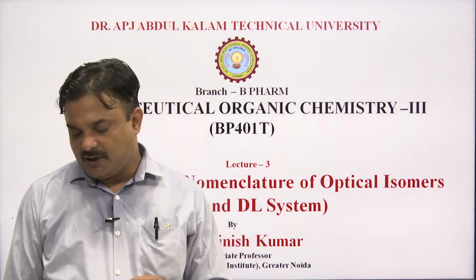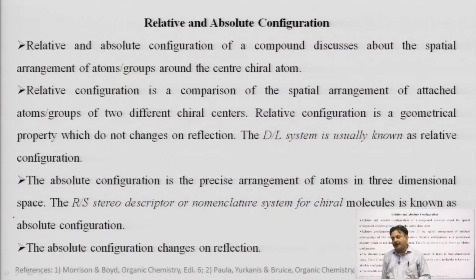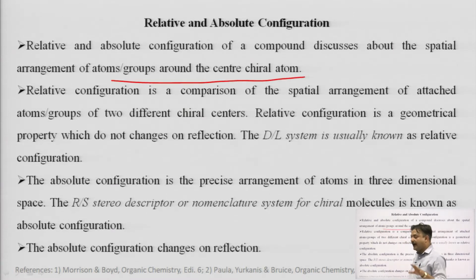Now, before wasting time, let us come to the point. As I told you, there are two types of configuration: relative configuration and absolute configuration. Relative and absolute configuration of a compound tell about the spatial arrangement of atoms or groups around the central chiral atom.